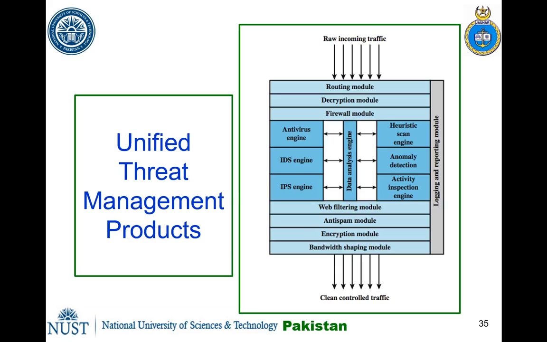One approach to reducing the administrative and performance burden is to replace inline network products, that is firewall, IPS, IDS, VPN, anti-spam, anti-spyware, and so on, with a single device, a unified threat management or UTM system, that integrates a variety of approaches to dealing with network-based attacks.